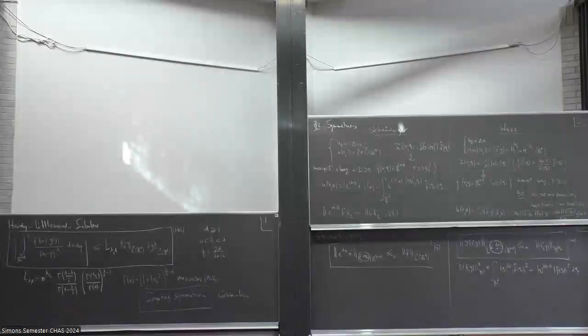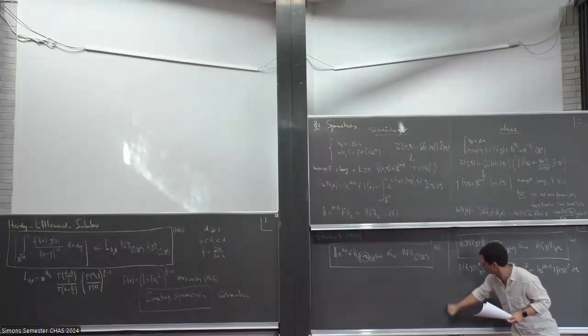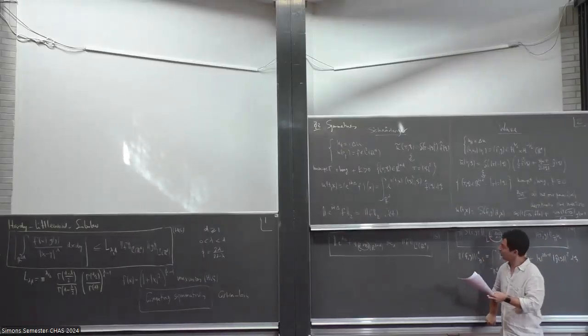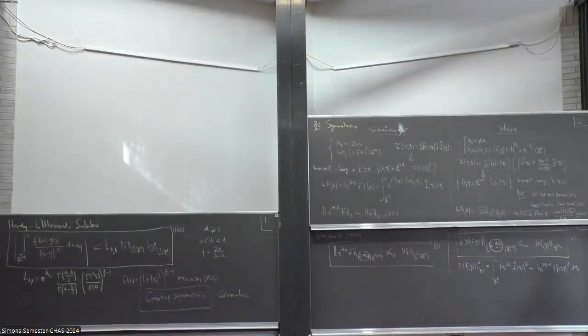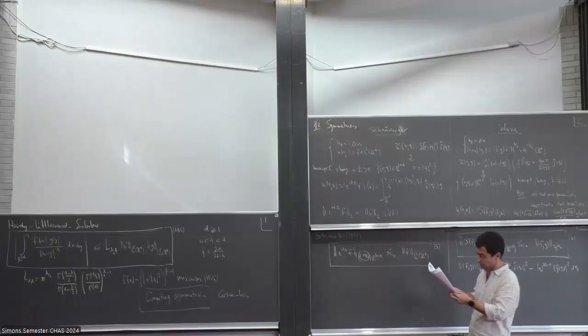All right. So the title of this section is symmetries, but I still didn't talk about symmetries. So what symmetries are there? By symmetries, I mean symmetries of the PDE, right? So operations that you perform on the function u, so that if u is a solution, then u composed with that symmetry is also a solution.